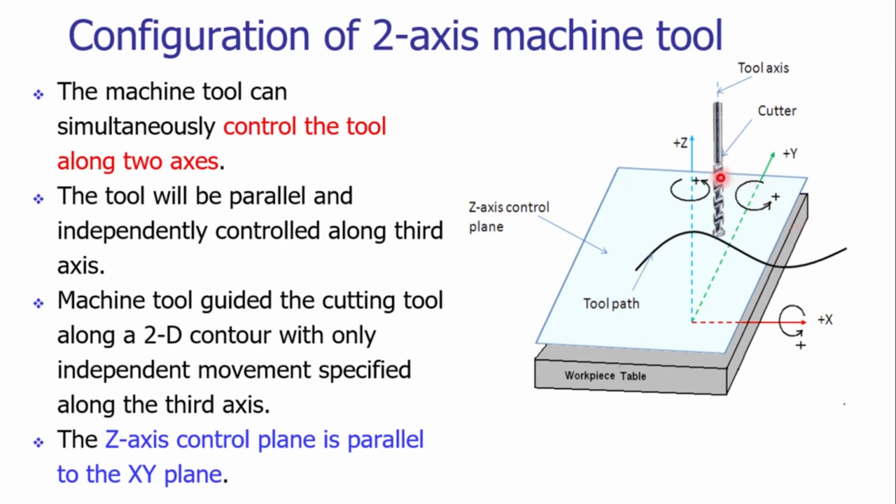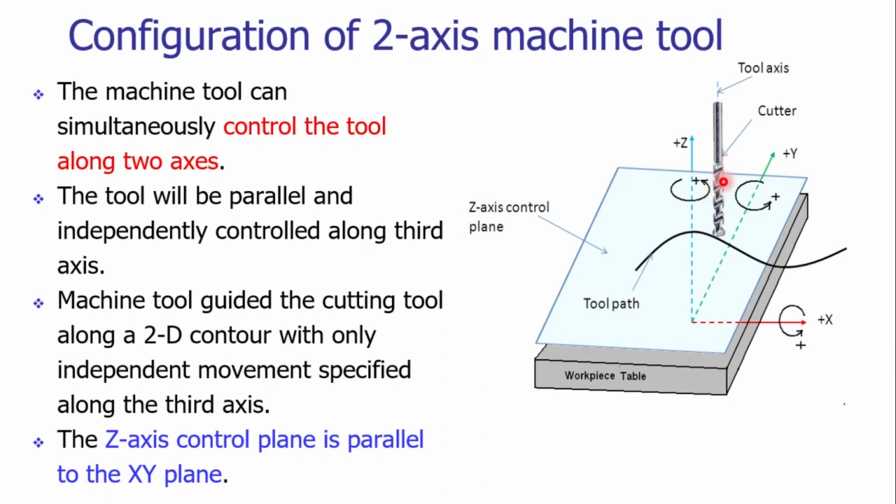So in this case the cutter is rotating and it is independently moving with respect to X and Y direction. We move the tool downward for whatever length of cutting depth we want, and then it would be rotating at that location only.